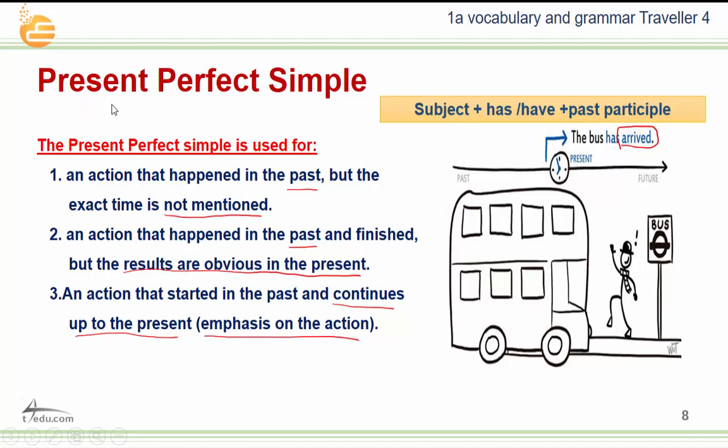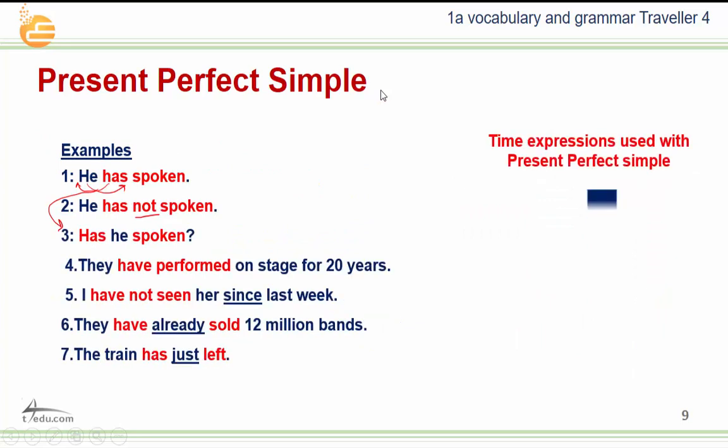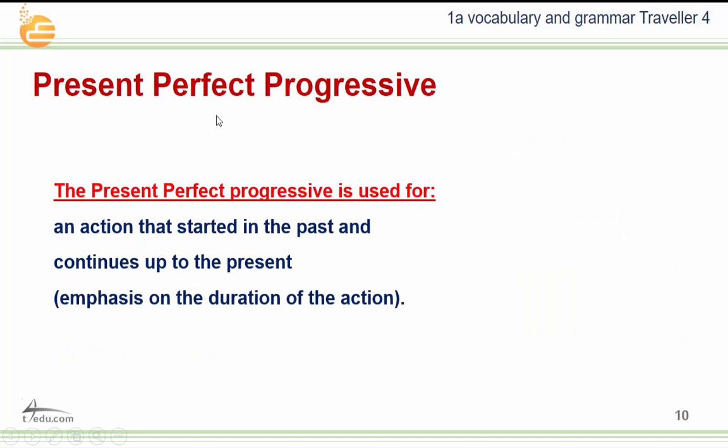What about present perfect continuous, or present perfect progressive? An action that started in the past and continues up to the present. The same, but the emphasis here is on the duration of the action.